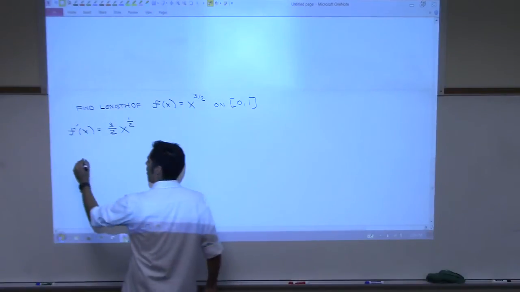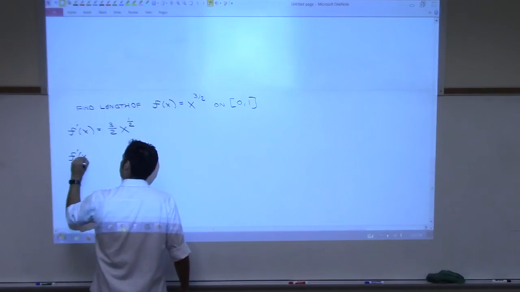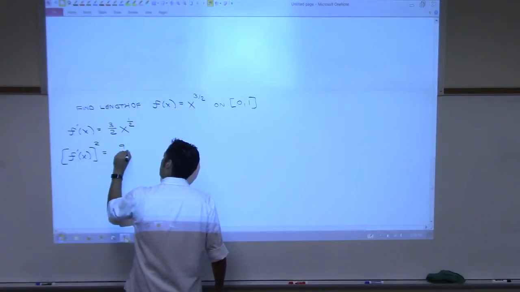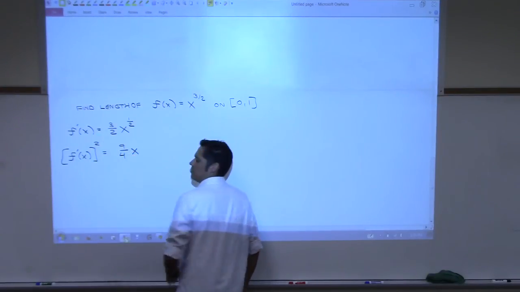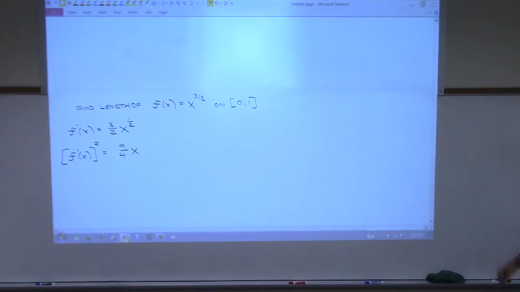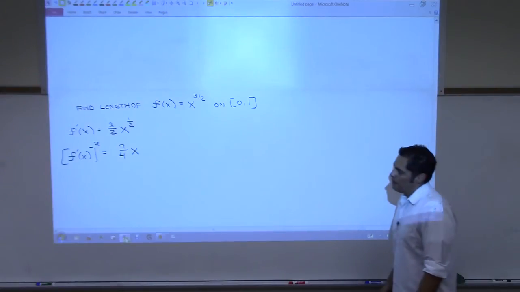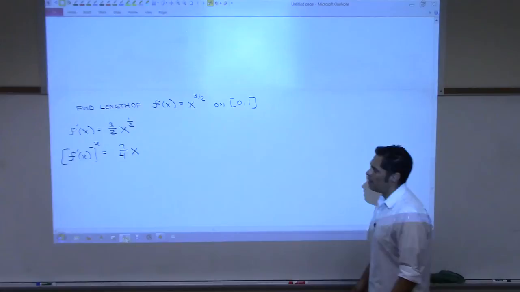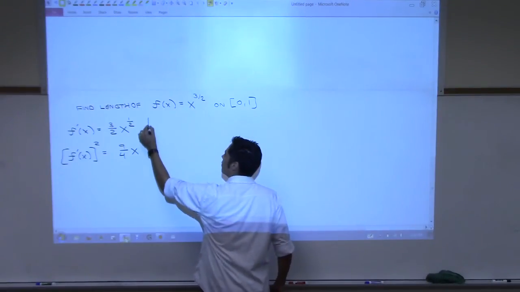So we may as well square it now. If I take this and I square it, I get 9/4 x. Right? Because when you square, that 1/2 is a square root. So when you square the square root, it goes away. All right. I think I'm ready to go to the formula now and see what happens.